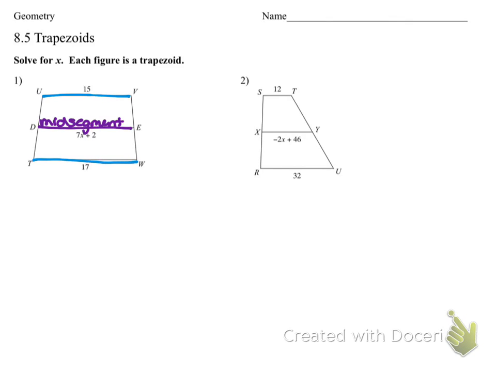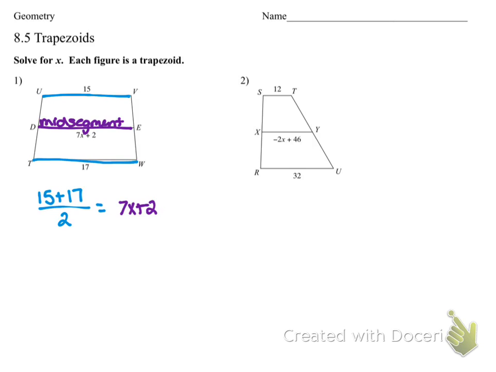Now, this is no different than what we had before, so I'm going to take 15 plus 17 divided by 2, and then that's going to be equal to what the midsegment is, which is going to be 7x plus 2. Now, this one is a little bit easier because I can do the blue all together.